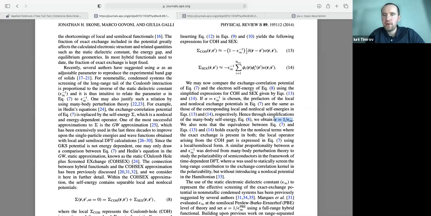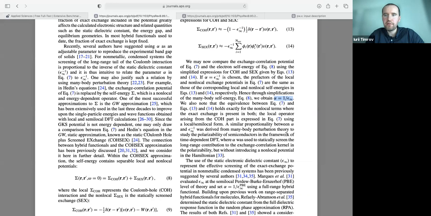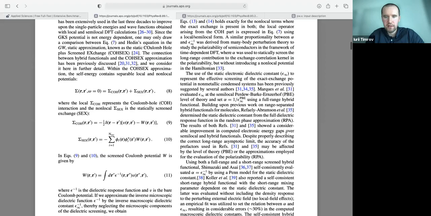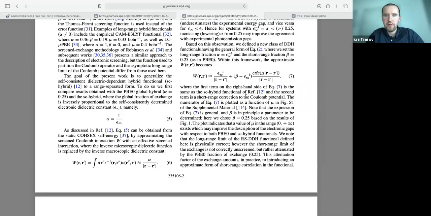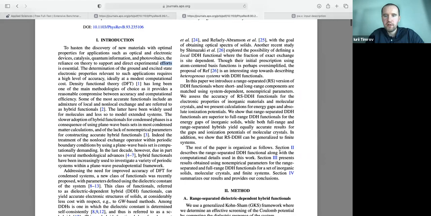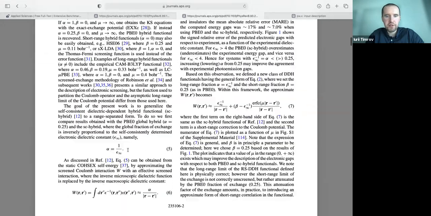So you can tune this fraction of exact exchange by computing it like 1/dielectric constant. You can go further and do even more advanced things. This is done in another paper by the same group. Instead of using equation 5, where you have alpha = 1/epsilon infinity, you can use a more sophisticated expression in equation 7, which is then used in equation 6, which is this screened Coulomb potential.